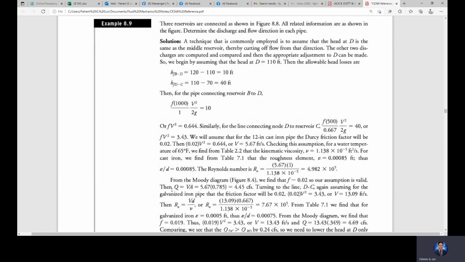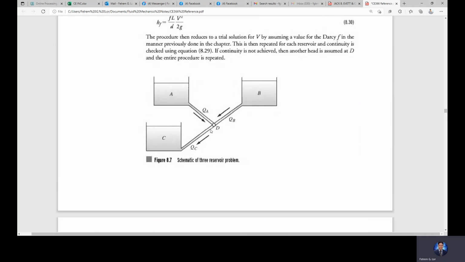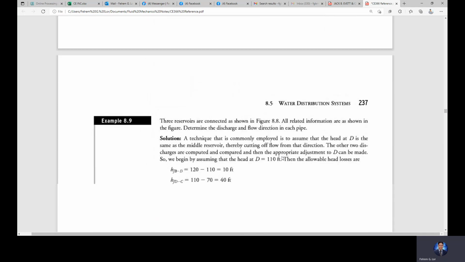So now we can compute for the Q. Naa na man tayo velocity nga 5.67 feet per second. So multiply sa area, naa tay discharge sa pipe B. And then similarly buhaton nato sa pipe DC.